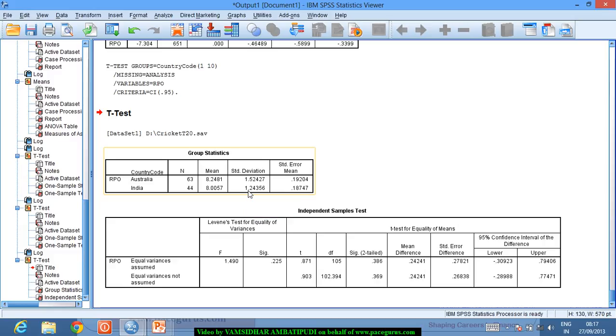So apart from that, as I said, it first looks out for the equality of the variances. For equality of the variances, there is one test called Levene's test, which is performed on the data. So the first thing I have to look out for here is the significance level associated with the F test.